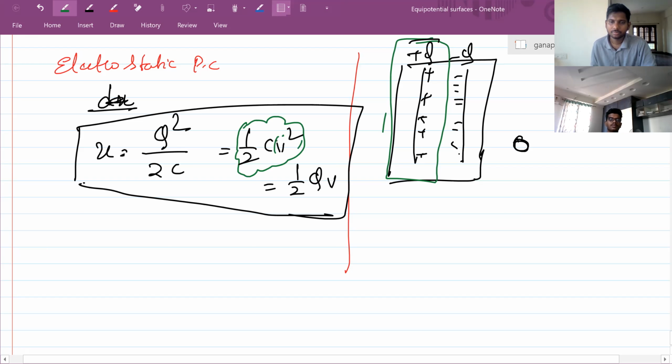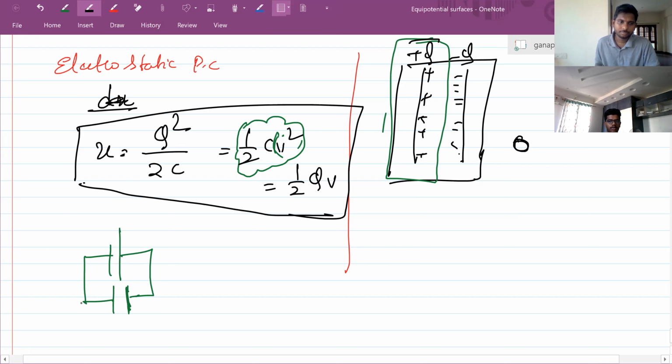I taught you this in the last class also. If a capacitor is kept across a battery, meaning the battery is connected across a capacitor, the potential difference will be maintained constant.